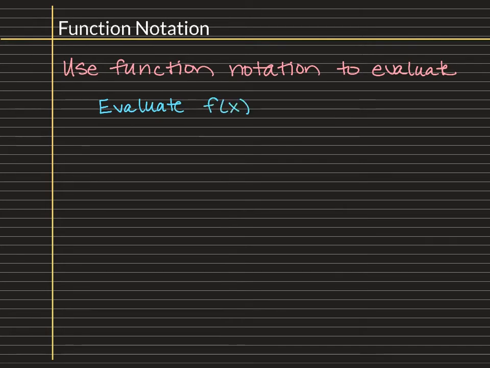We're going to evaluate f of x when it is equal to negative 4x plus 7. And we're going to evaluate it for two different scenarios. We're going to evaluate it for when x is equal to 2 and for when x is equal to negative 2. So we're going to start with our first one, x equals 2, and we're going to rewrite our equation.